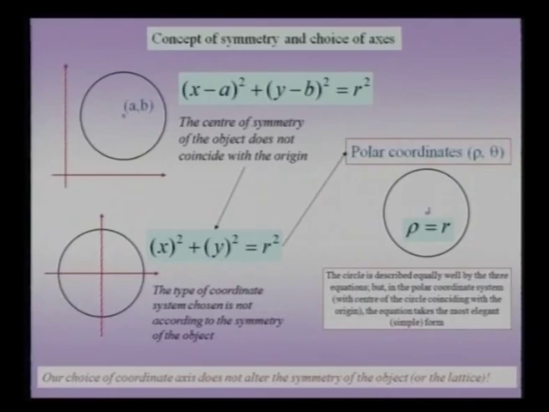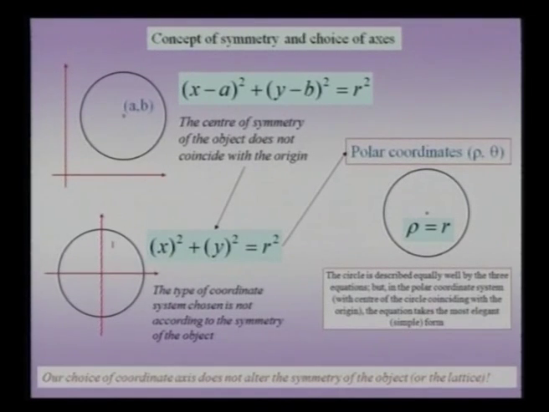Now the equation of a circle, suppose I want to describe the circle in terms of the Cartesian system given on the left hand side of the slide, is (x minus a) whole squared plus (y minus b) whole squared equal to r squared, right? Now let me move the circle to the origin, which is the 0, 0 point in the Cartesian coordinate system, okay? And if I do that, I get the figure which is below.